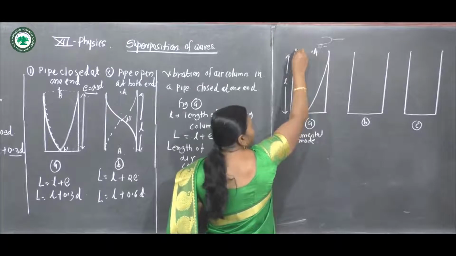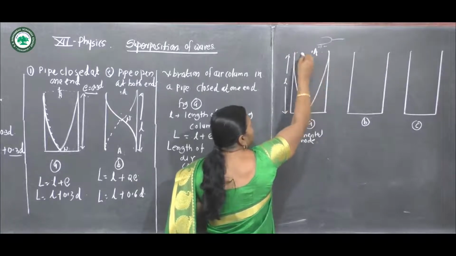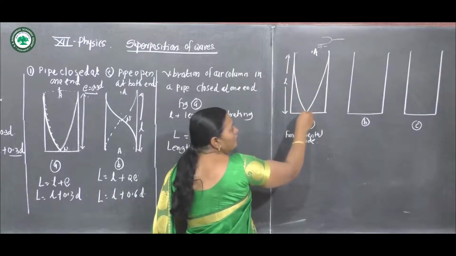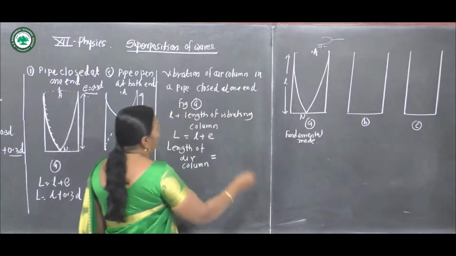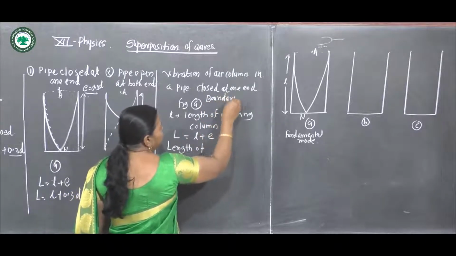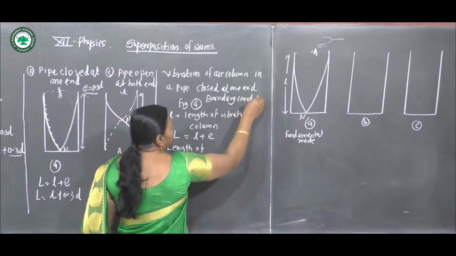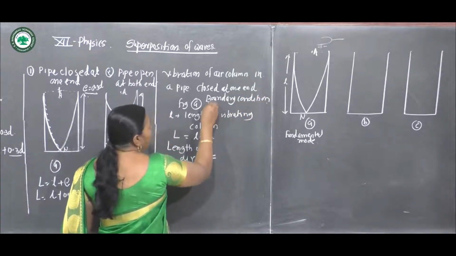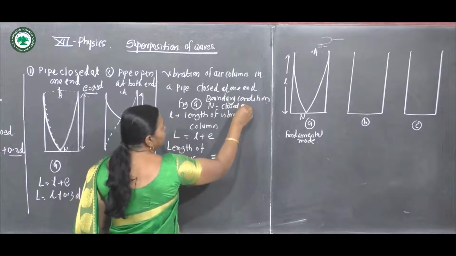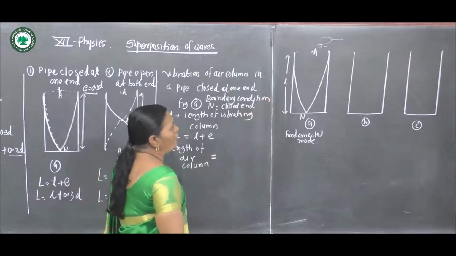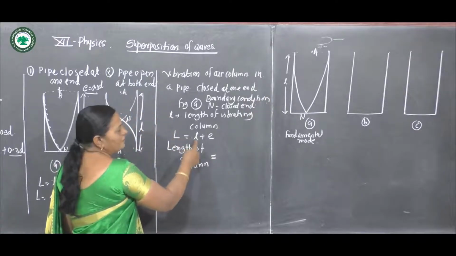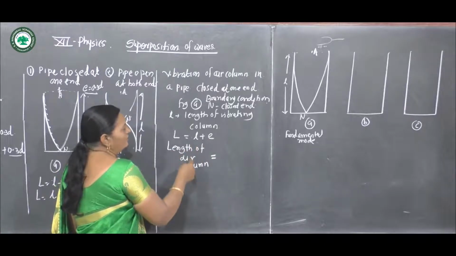Here the rarefaction is reflected as a compression. Now at the open end antinode is formed, at the closed end node is formed. There is a boundary condition. The node is formed at the closed end and antinode is formed at the open end. Now the corrected length is L plus E, then length of air column.